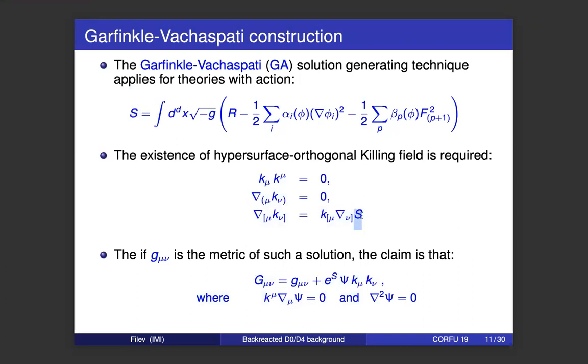So this S and this S are not related. This is for the benefit of the students. Okay, so now, as long as you have that, then this deformation, this new metric, is guaranteed to be a solution. And furthermore, you could put here any function psi that satisfies this.